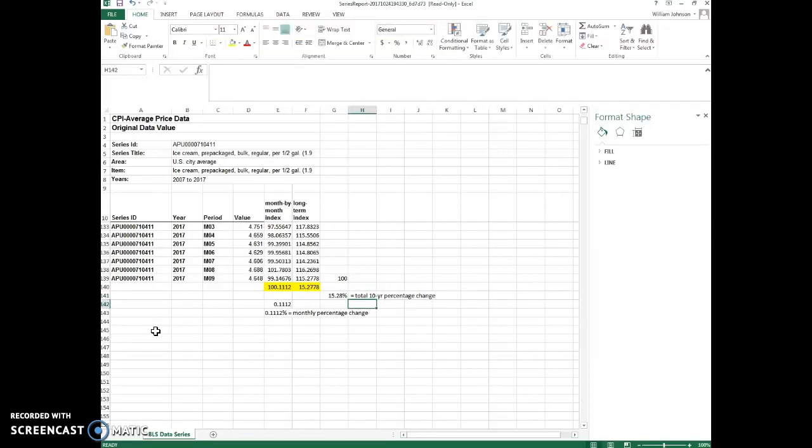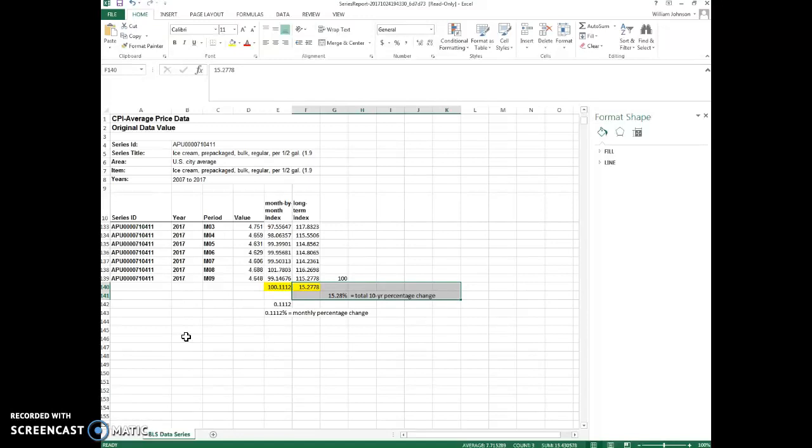So this actually does mean something. This one right here, it's so tiny, you say, what, it's barely any percentage change, and if you look at the graph, it's up and down anyways. But this one, this actually means something. This means over 10 years, ice cream prices have gone up 15%. Okay, that doesn't tell me what the price is going to be tomorrow, and it doesn't tell me what the price is going to be in the next 10 years. But it's a good summary. Over 10 years, it's changed 15%. And you could compare that to other things.